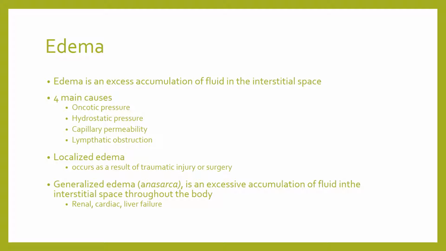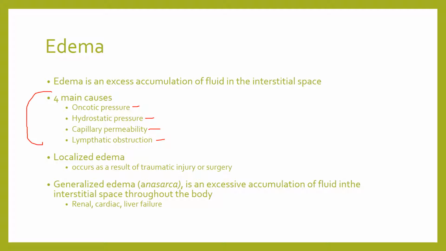Edema, also known as swelling, is the excess accumulation of fluid in the interstitial space. There are 4 main causes, the first of which is oncotic pressure, which we will discuss later on. It's basically the pull of the proteins in the blood. The others are hydrostatic pressure, capillary permeability, and lymphatic obstruction.